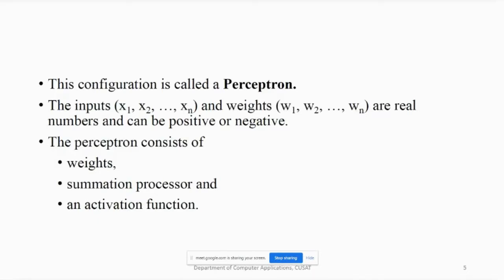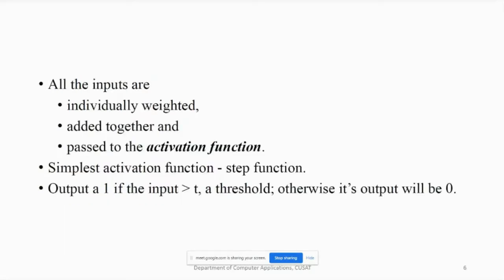Based on the selection of the activation function, we can generate an output corresponding to that particular input. So here all the inputs are individually weighted, added together, and passed to the activation function.